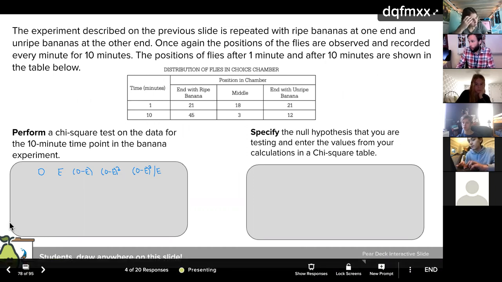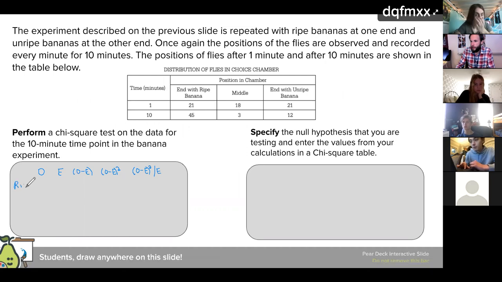The categories we're working with: we've got ripe as a category, and unripe as a category. And it looks like we've also got a middle area, where we loaded the flies into the chamber in the first place.